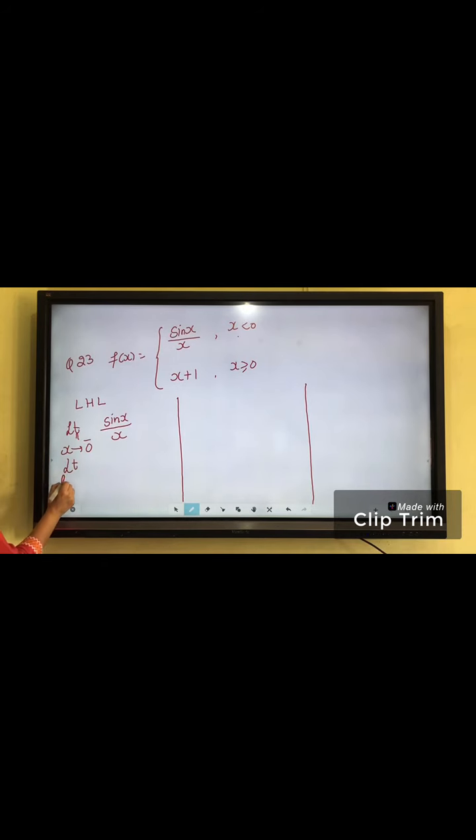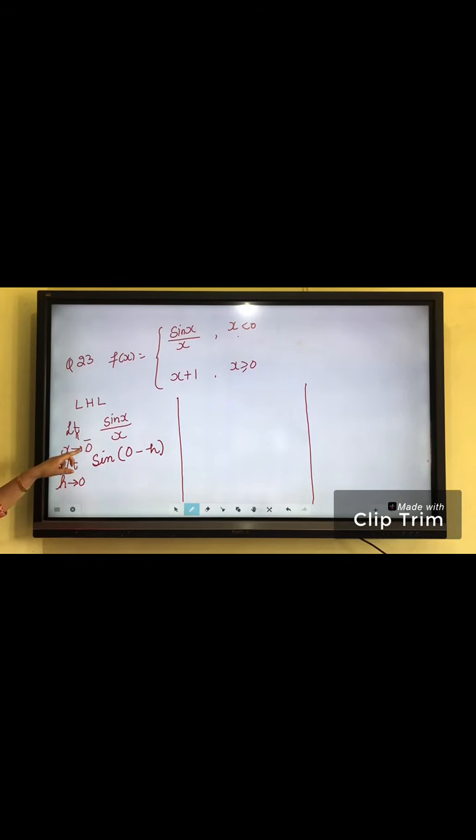Now, limit h approaches 0, sin in place of x. How will you write the function? 0 minus h. In the last lecture I was writing h minus 0, which is the wrong way. You will write it this way, 0 minus h. If the point is pi by 2, then pi by 2 minus h.